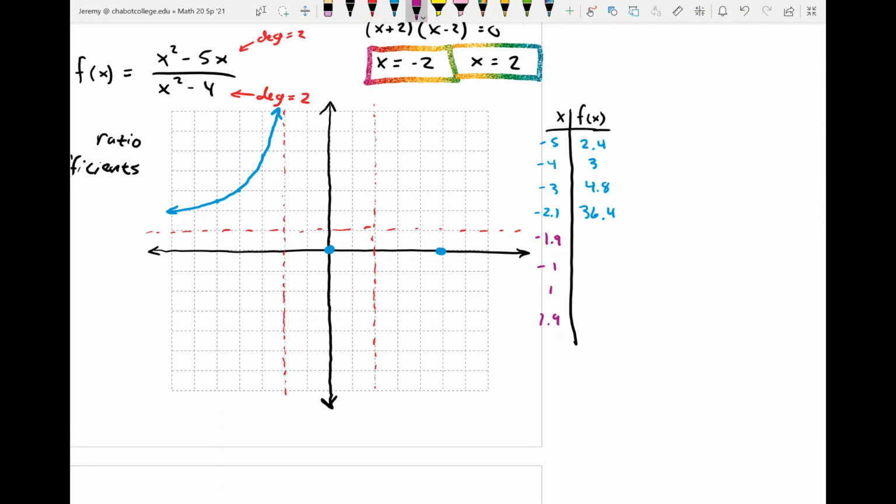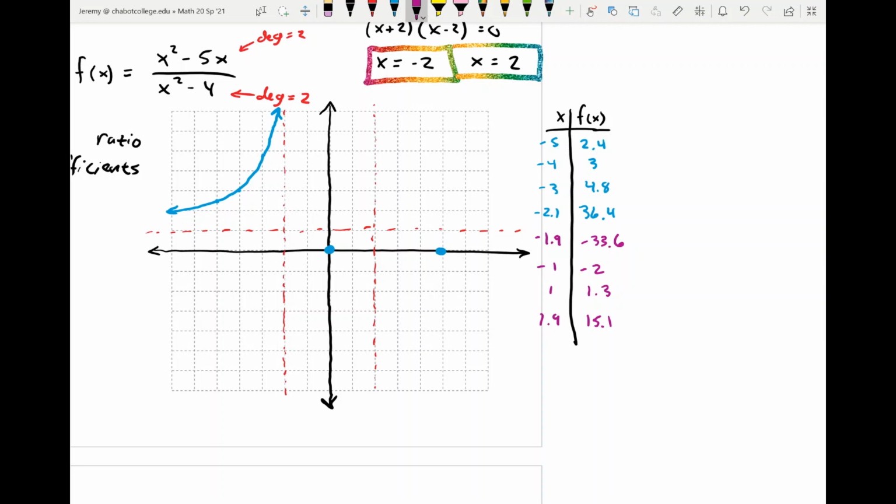Using my calculator, I'll plug in -1.9, and I get -33.6. Plug in -1 and I get -2. Plug in 1 and I get 1.3. Plug in 1.9 and I get 15.1.